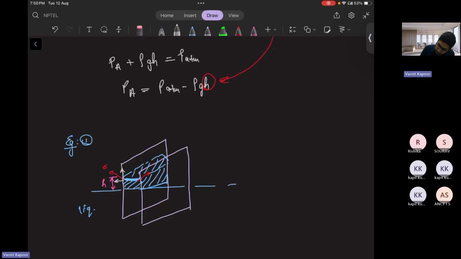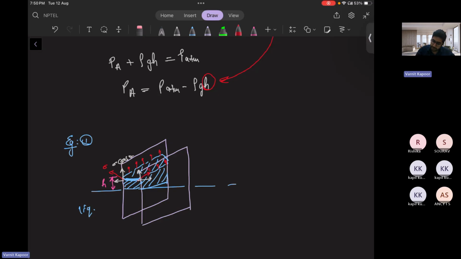So sigma cos theta, sigma sin theta, sigma cos theta. And this sigma is acting like this on the liquid. The vertical component, sigma cos theta. All the horizontal components are balanced and vertical are sigma cos theta.